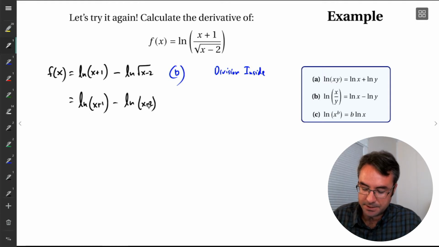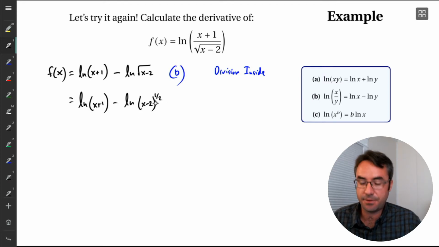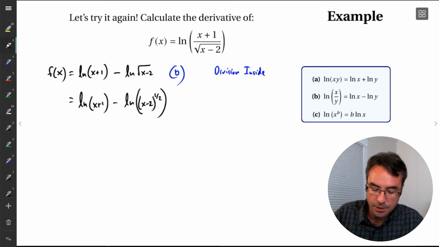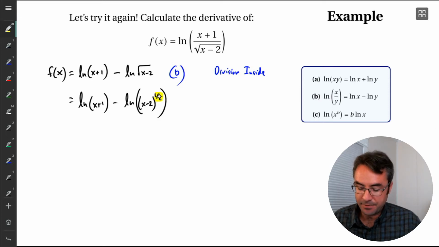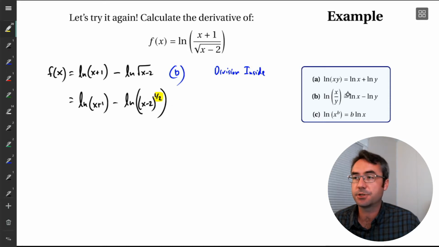So it becomes x minus 2 raised to the power 1/2. And it's this entire thing that's inside the log function here. So it's x minus 2 raised to the power 1/2, and then that whole thing is in the log function. And so what we have here is this exponent that's being applied to all the terms inside our log function. And that's our third property.